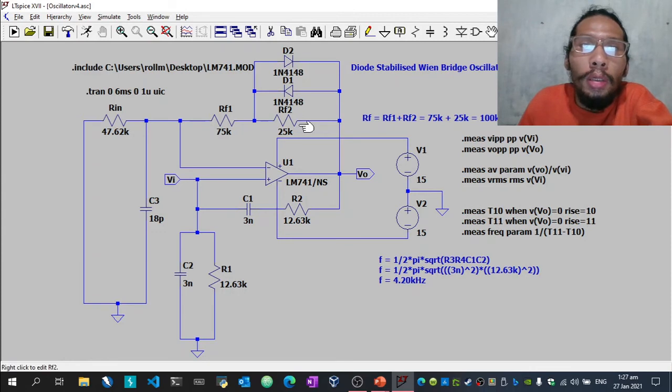This series resistance is the total RF, because the 25 kilo ohms is used to connect with the two diodes 1N4148, which are on opposite polarity. They are connected to the 25 kilo ohms in parallel to stabilize the oscillation of the circuit.